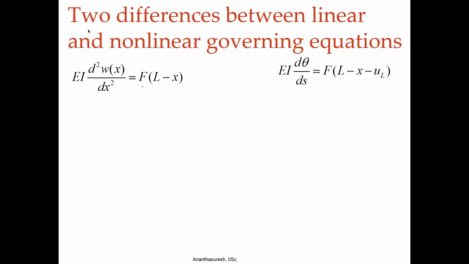So, the two differences which we just discussed are apparent here. You can see this is the linear case that we just discussed, and this is the nonlinear case that we are going to discuss now.